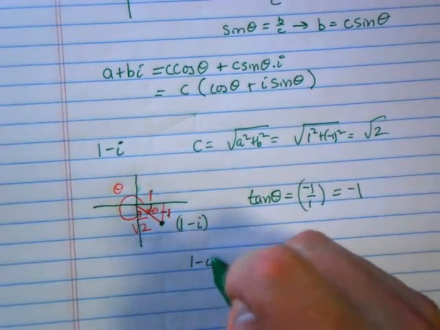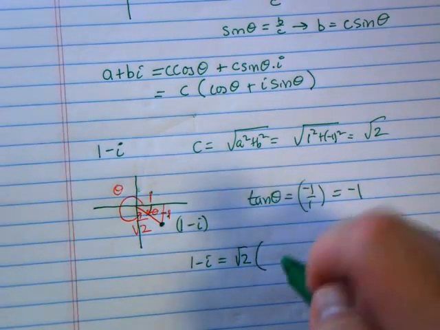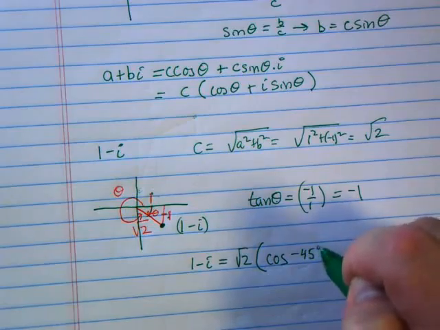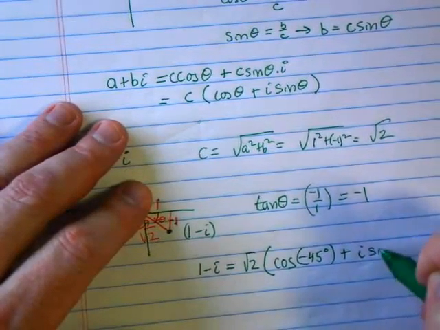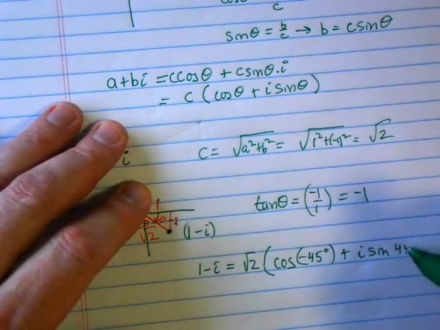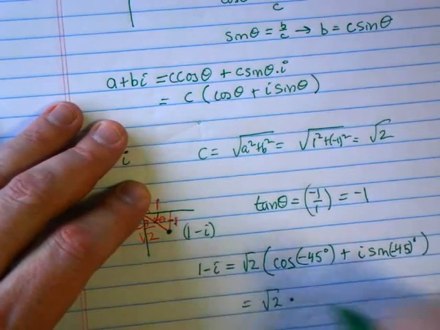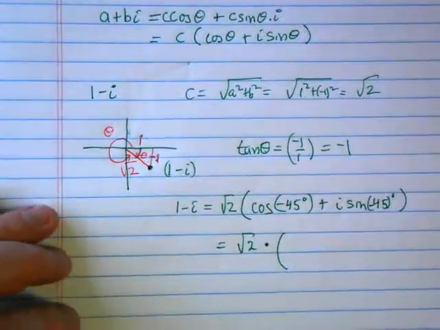All right, so here's our answer. 1 minus i is the square root of 2 times cosine of -45 degrees plus i sine of -45 degrees. What's the cosine of -45 degrees?